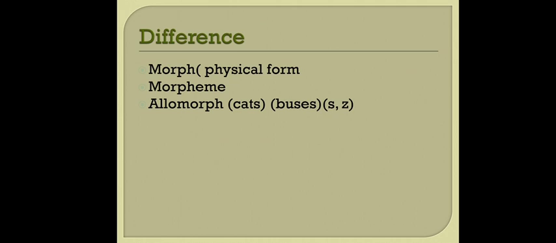Suppose in buses, when you say the word, s or es is actually giving you a different variety of sound. In the first it is s, cats. In the second it is buses, z. So s is giving you the sound of z.